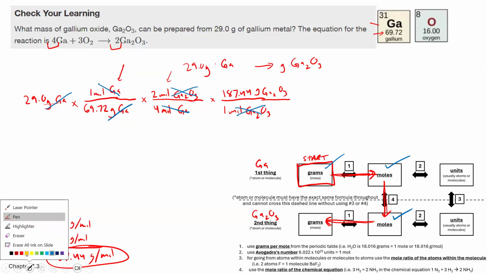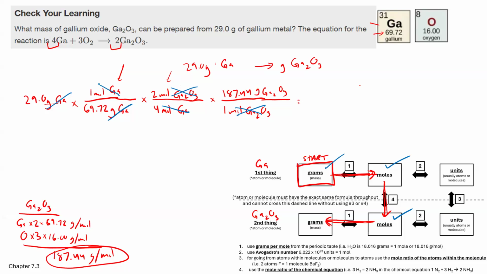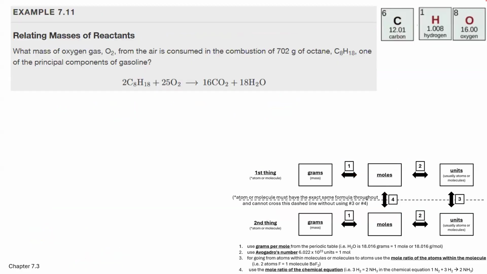Done. All right, let's crank out the math now. The units are going to be now grams of gallium oxide. It's going to be this 29 times 1 divided by 69.72 times 2 divided by 4 times 187.44 divided by 1.